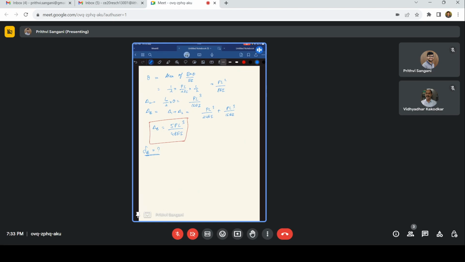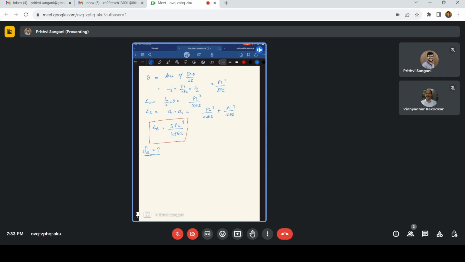We have L cube by 3 EI, L square by 2 EI, L square by 2 EI, and L by EI, times VB and MB.